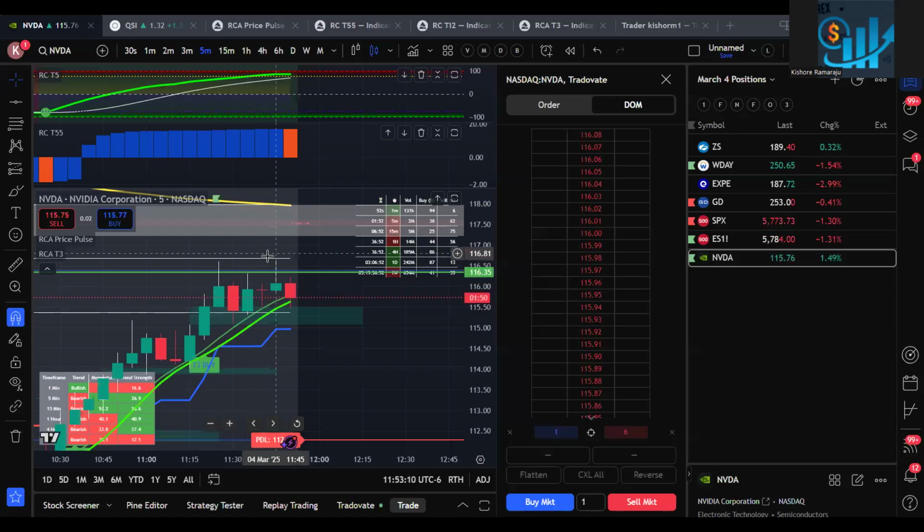So it went all the way up, touched this one, may come down and again go up all the way.